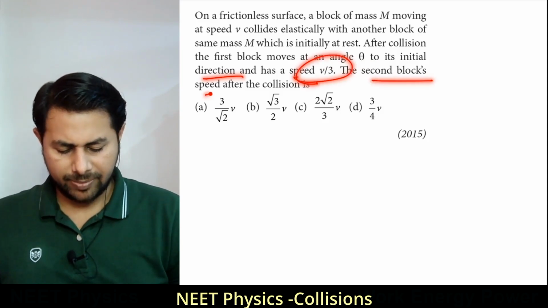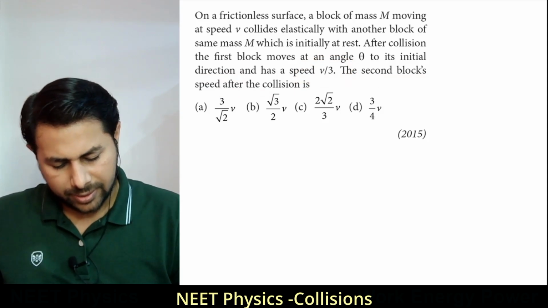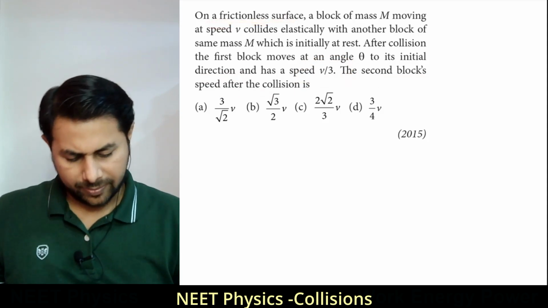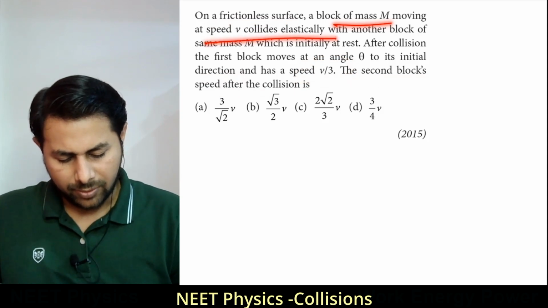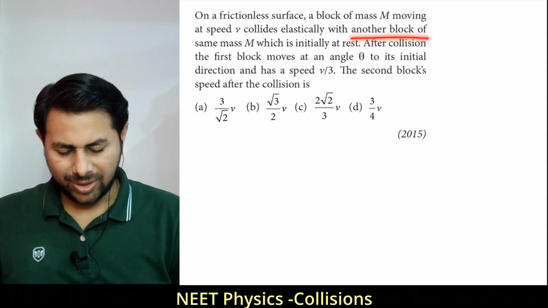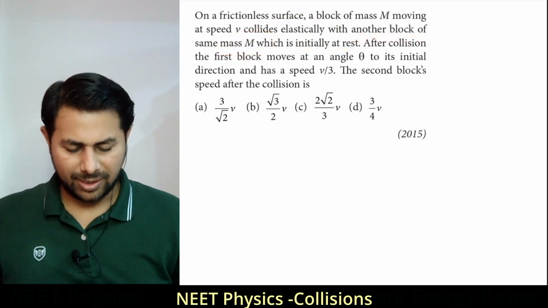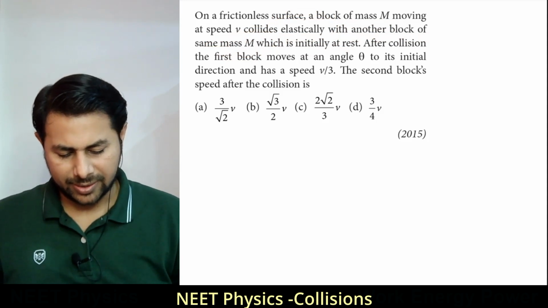The second block's speed after the collision is, so what's given, that on a frictionless surface, a block of mass m collides elastically with another block of the same mass which is initially at rest.